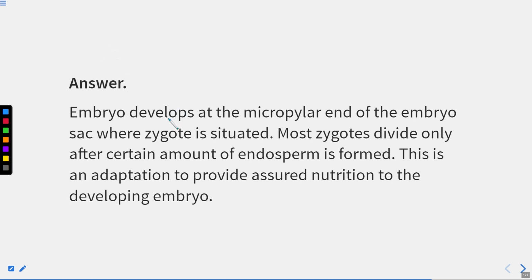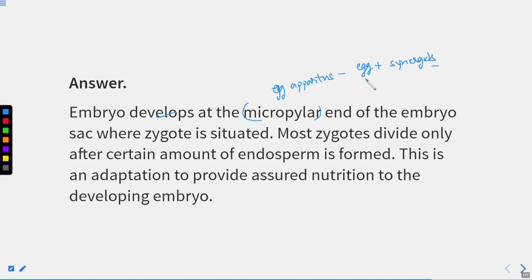Now, the embryo develops at the micropylar end. This you already know because the egg apparatus is present at the micropylar end. The egg apparatus consists of the egg cell and the synergids. So, 2 synergids are present, and within synergids, the filiform apparatus is present.